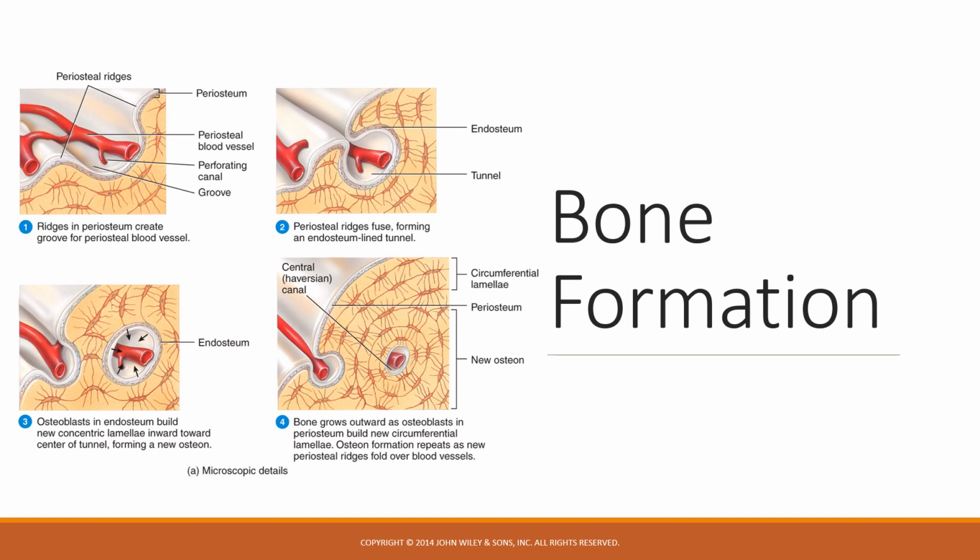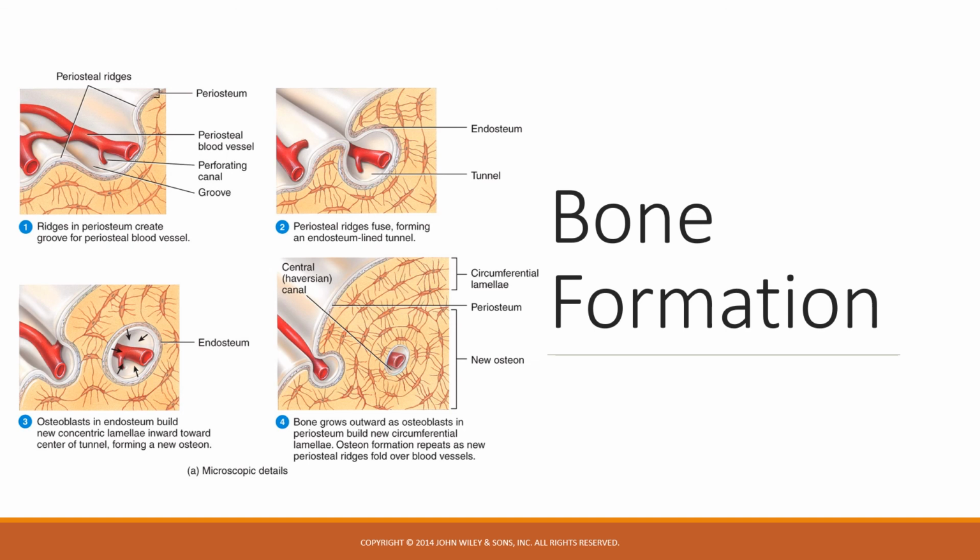So at the bone surface, we have periosteal cells that will differentiate into osteoblasts, which secrete the collagen fiber and other organic molecules that form bone extracellular matrix. The osteoblasts become surrounded by extracellular matrix and then develop into osteocytes, just like we've discussed before.